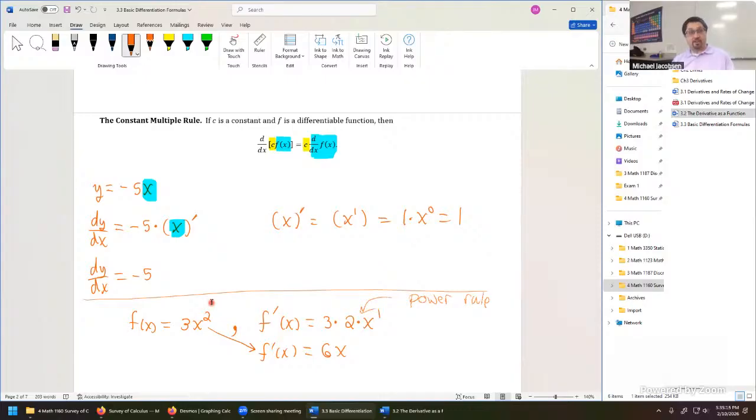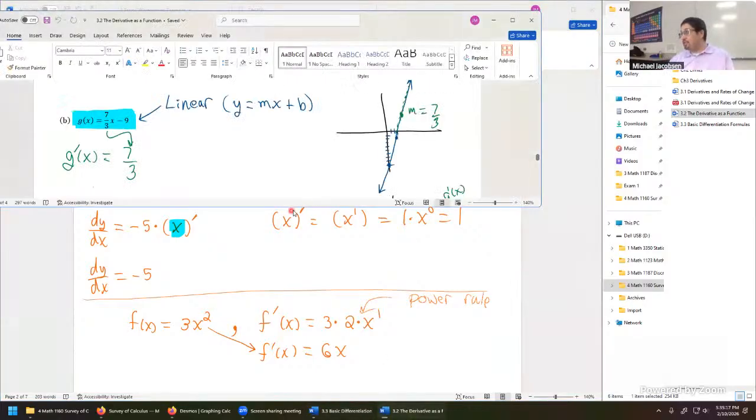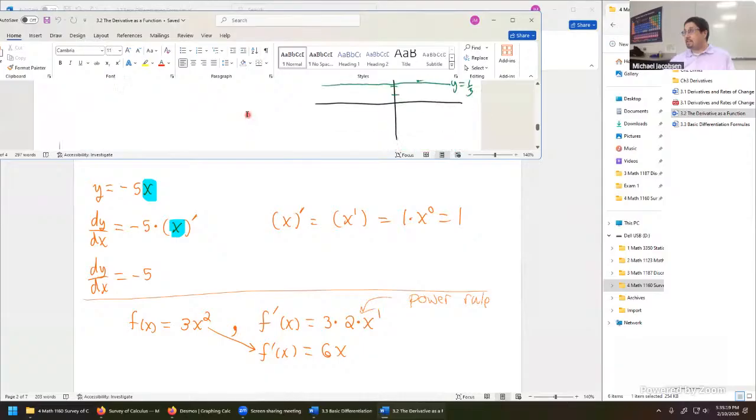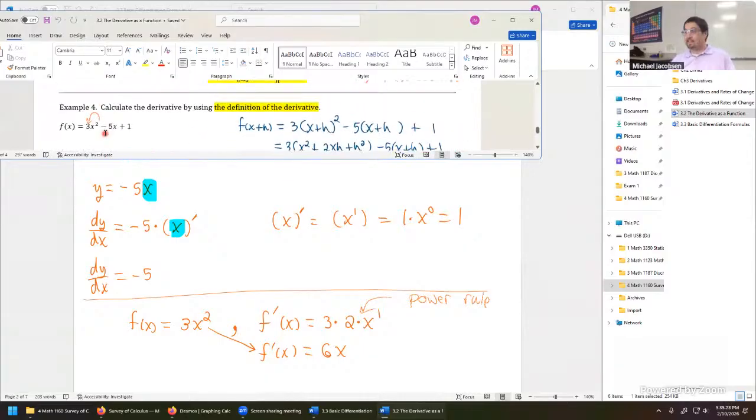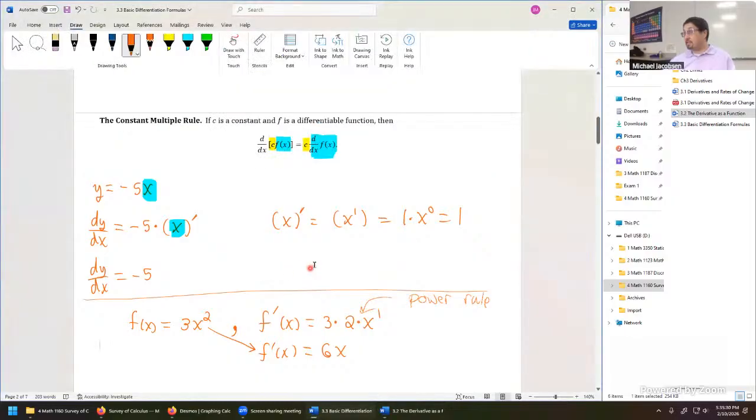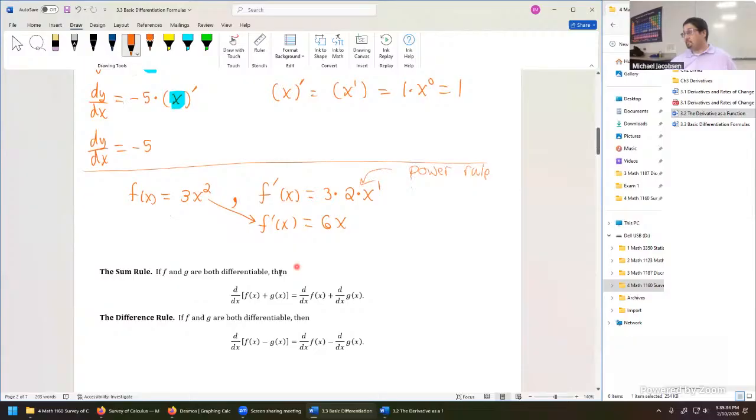So far, we've looked at all the rules that are going to allow us to take the derivative of this function right here, but there's still one last thing missing. What about the pluses and minuses? We have another rule that goes along with that as well. That's going to be the sum rule and the difference rule. It tells us if you're adding functions together or subtracting them, you can differentiate them term by term.